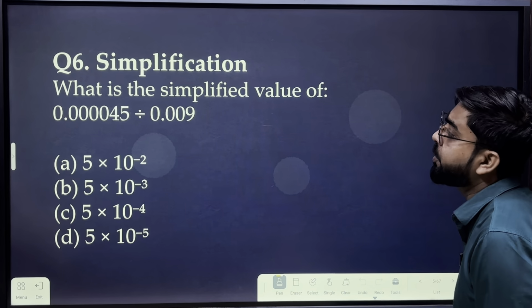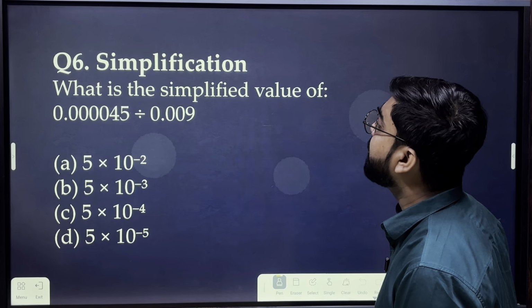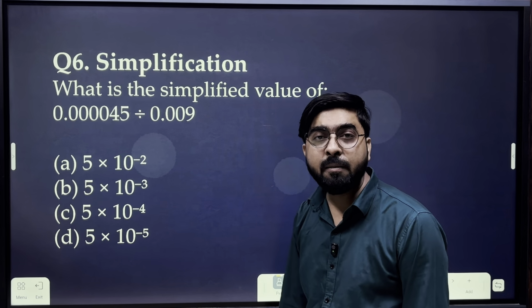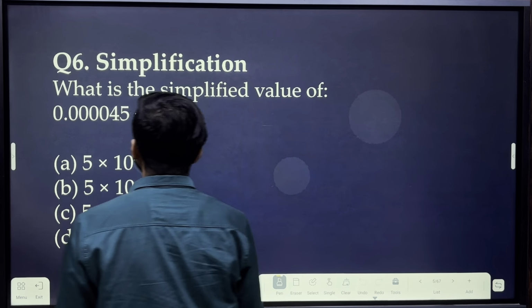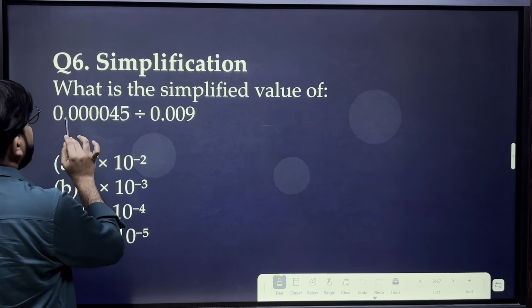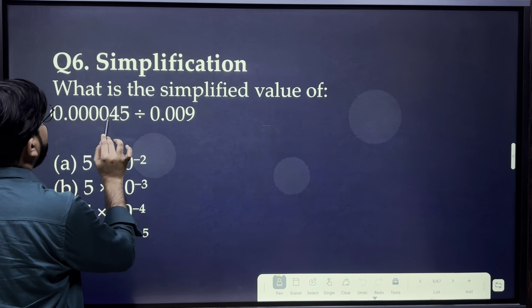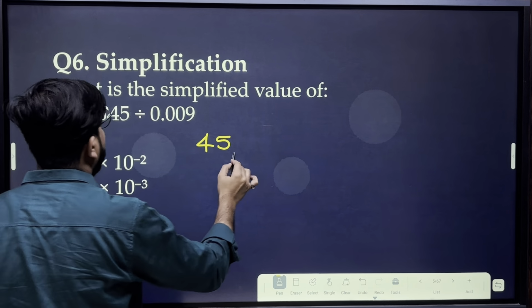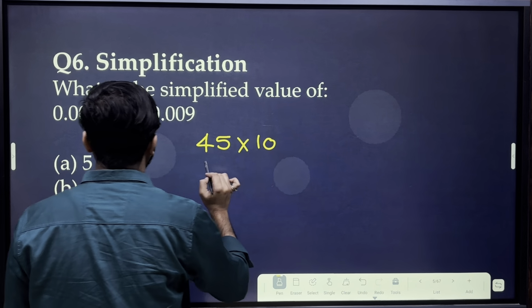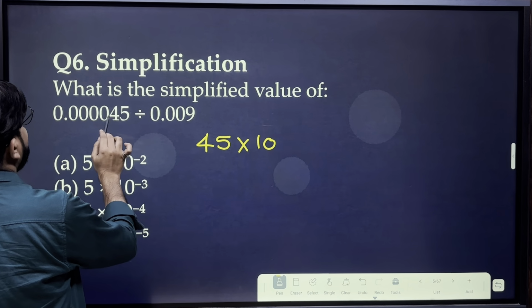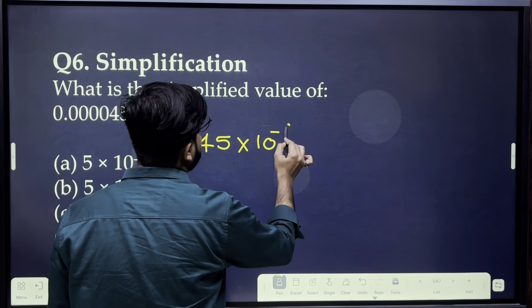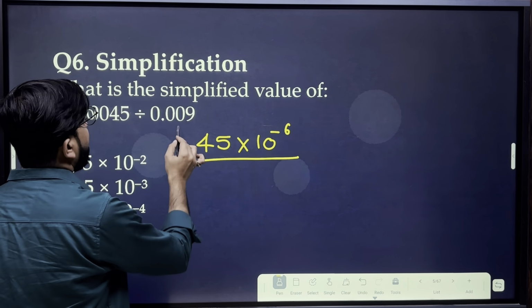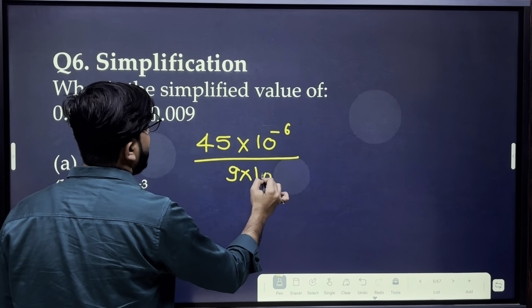Next, question number 6. What is the simplified value of this? You can solve this easily. You can see that here we have 1 2 3 4 5 6, it means 45 into 10 power minus 6, and then here 9 into 10 power minus 3.